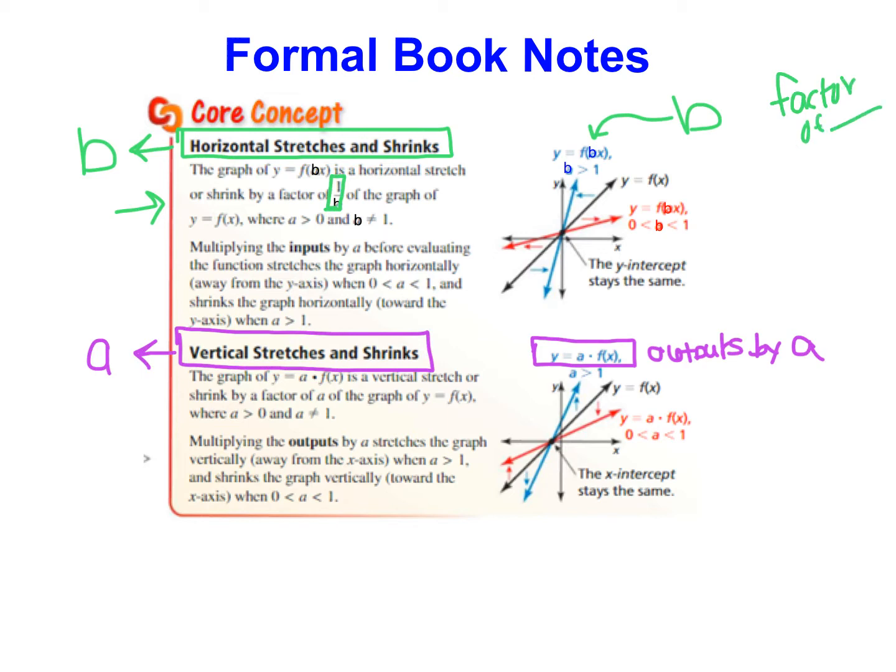And they'll give you a number, and they'll say it's a horizontal stretch by a factor of blank. So our factor of blank isn't going to be directly our b value here. What we're going to have to do is take the reciprocal of our factor, or 1 over whatever factor they give us, and that will, as a result, be the b value that we then multiply by x. So I know that probably sounds a little confusing at the moment, but as we dive in and do some examples, hopefully that becomes a little bit more clear.